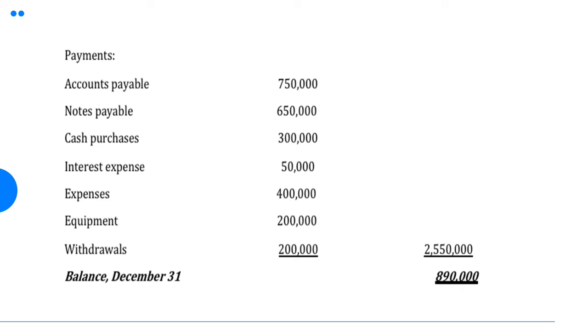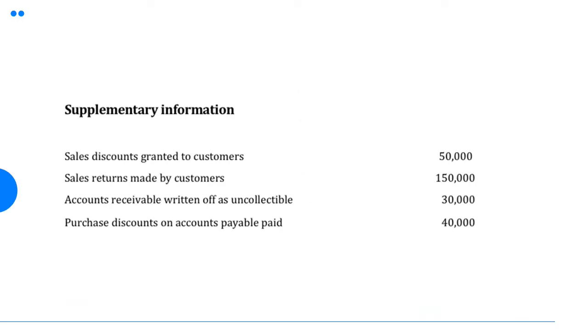So the total balance as of December 31 is 890,000 pesos. So the following are the supplementary information. Sales discounts granted to customers 50,000, sales returns made by customers 150,000, accounts receivable written off as uncollectible 30,000, and purchase discounts on accounts payable paid, which is 40,000 pesos.